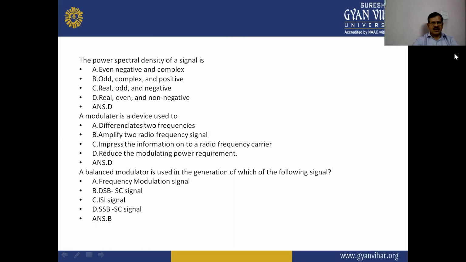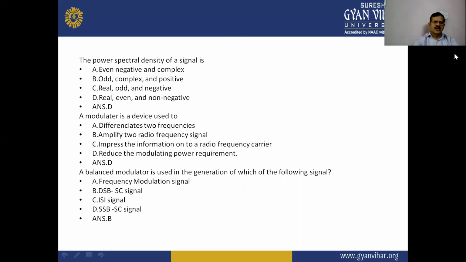First question: the power spectral density of a signal is: option A, even, negative and complex; option B, odd, complex and positive; option C, real, odd and negative; option D, real, even and non-negative. The correct answer is option D: the power spectral density of a signal is real, even and non-negative.